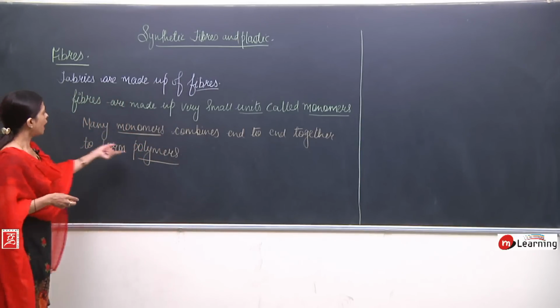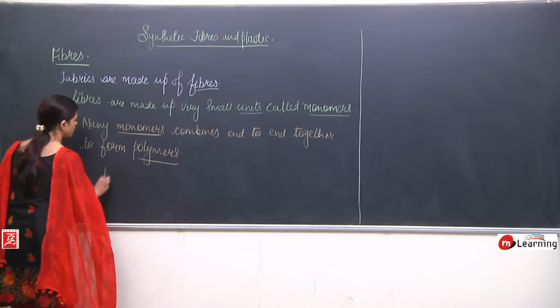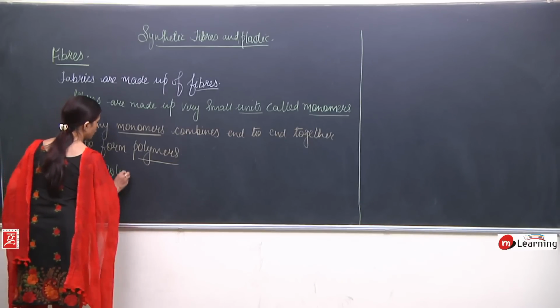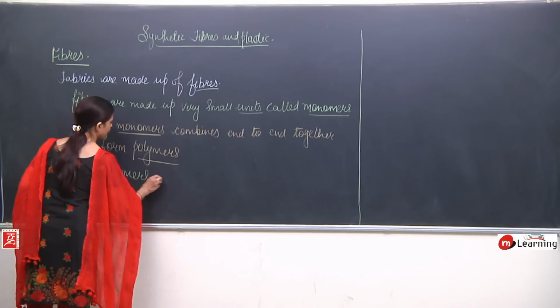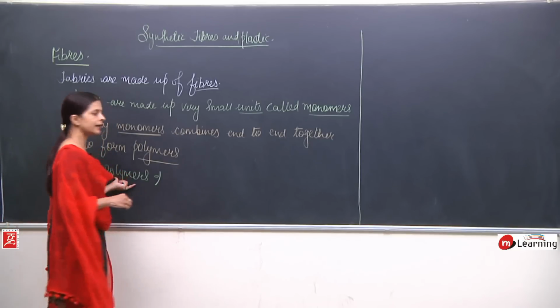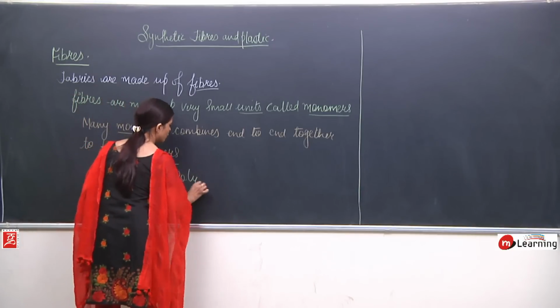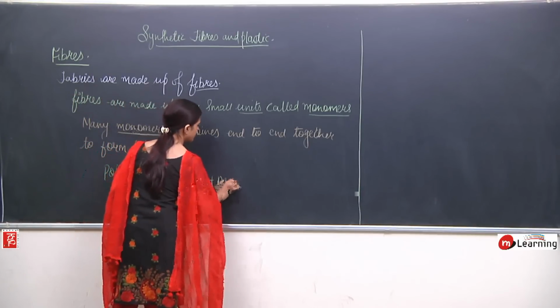Now, what is the meaning of the word polymer? Actually, polymer is a Greek word, made by two words, poly and mers.